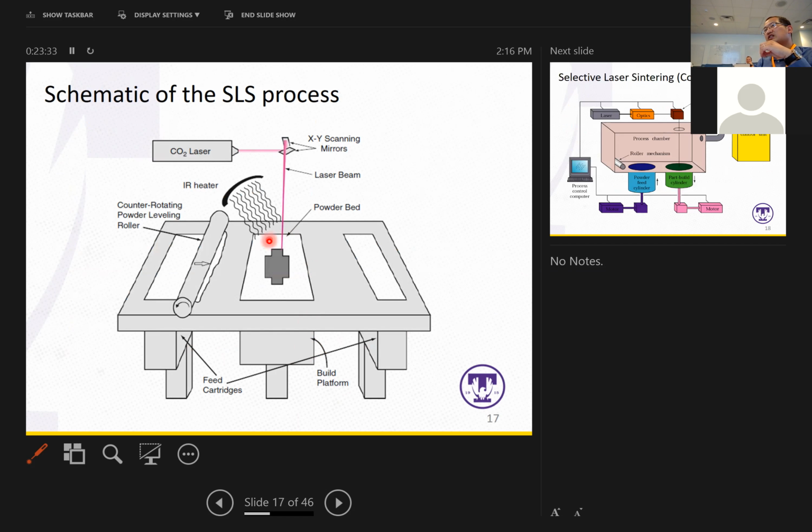Basically, one layer is sintered, and then this leveling roller will spread another layer onto it, and then the new layer will be sintered or melted. But the power source is much higher, right? And also they can really produce objects with high stiffness, like those ceramic or metal parts, right?